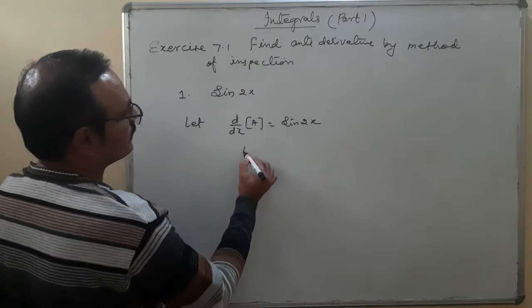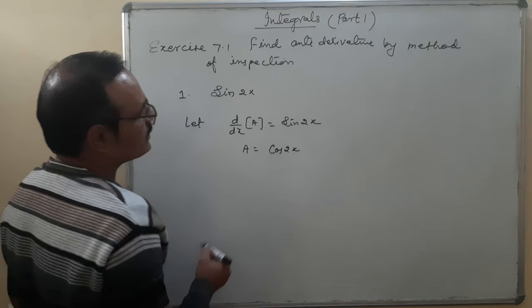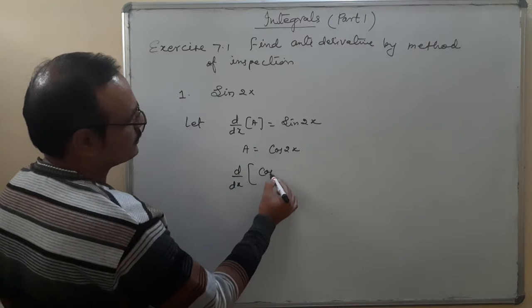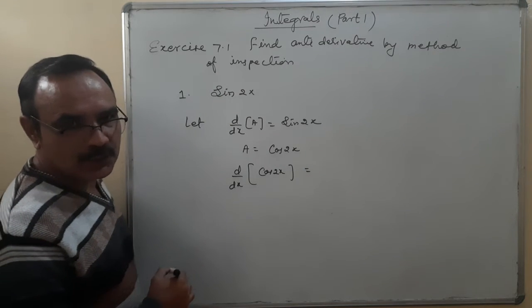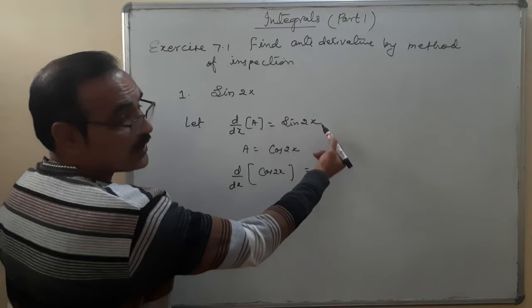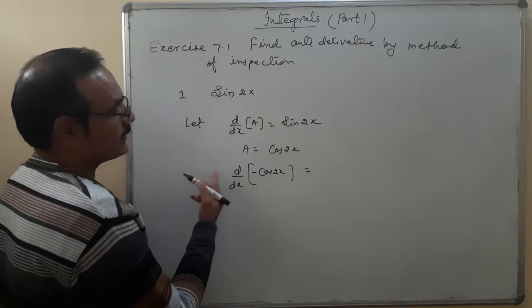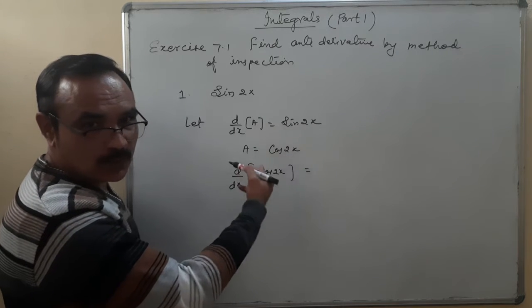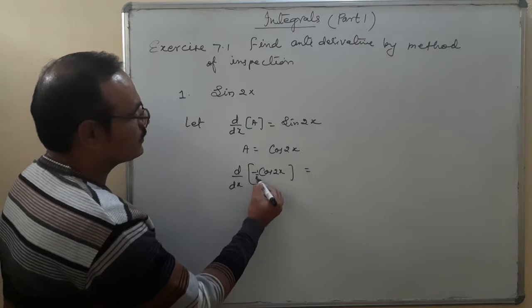If I put A equal to cos 2x, then the result is dy by dx of cos 2x. What is the differentiation of cos 2x? It is minus sine 2x. Okay, but here we want plus, so I take here a minus sign. Now the differentiation of cos 2x is minus sin 2x multiplied by 2, so for balancing I write here 1 upon 2.